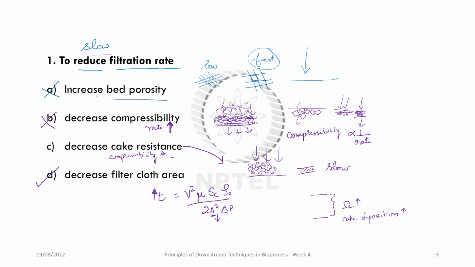So the sure shot answer, if it's a multiple choice question with just one option, you should go for decreasing filter cloth area, which is the most obvious. Decreasing cake resistance can sometimes aid in reducing filtration rate. Okay.